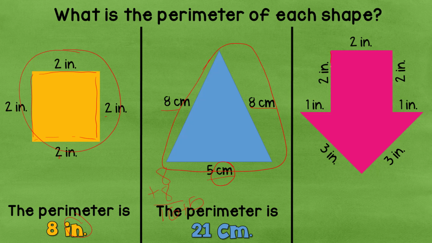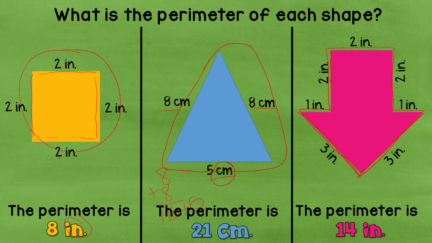Okay, we have 2 plus 1, that's 3, plus another 3 right here, that's 6, plus another 3, 9, plus 1, 10, plus 2, 12, and another 2, and you should have 14.